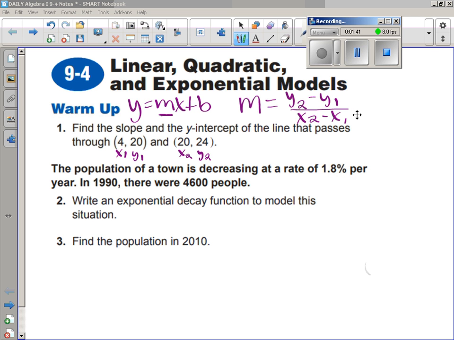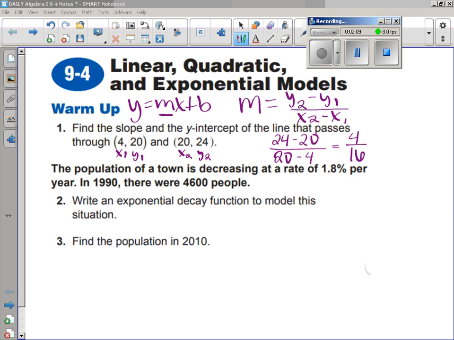So I'm going to replace in my formula y2 with 24 and y1 with 20, and x2 with 20 and x1 with 4. And then simplify. 24 minus 20 is 4. And 20 minus 4 is 16.